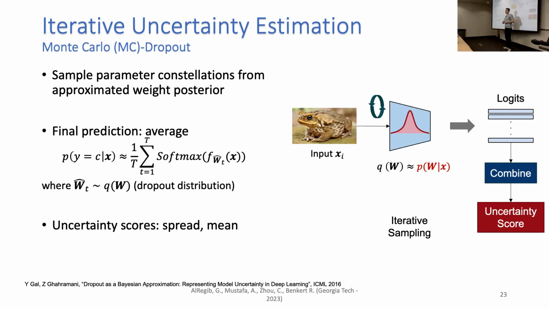Now, if I put this into our previous framework, remember that we're trying to estimate this posterior distribution of W given the data set. So what this translates to is that this dropout distribution, this Bernoulli distribution of dropout turning things on or off, is exactly this weight distribution. And we're actually sampling from this Bernoulli distribution at test time. Does that make sense?